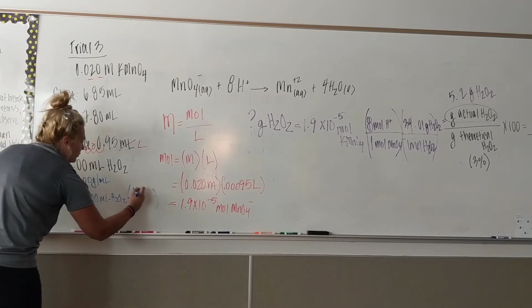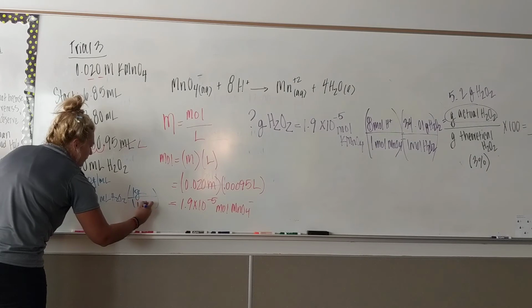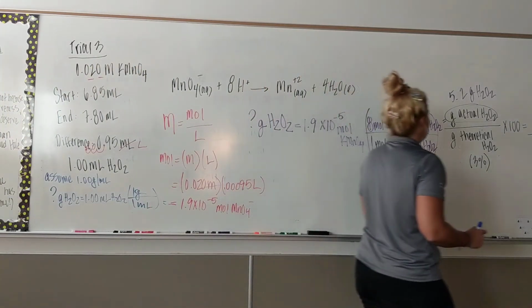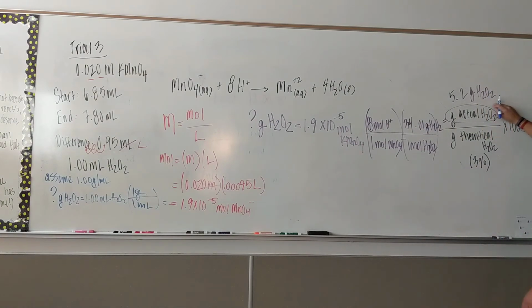Okay, so for every 1 gram, I have 1 milliliter. So then I'm going to come over here, so I have 5.2. This down here is 1.0 grams.